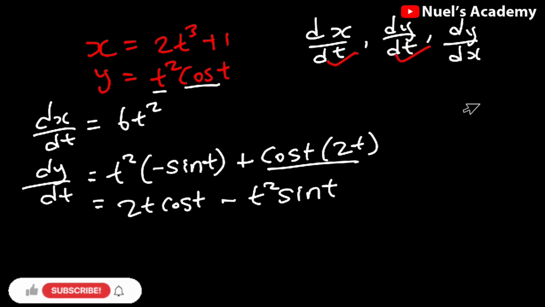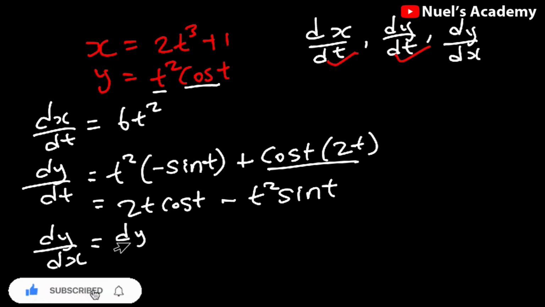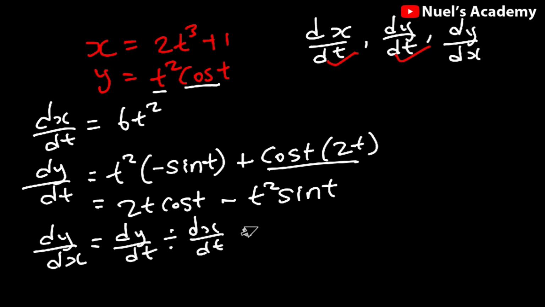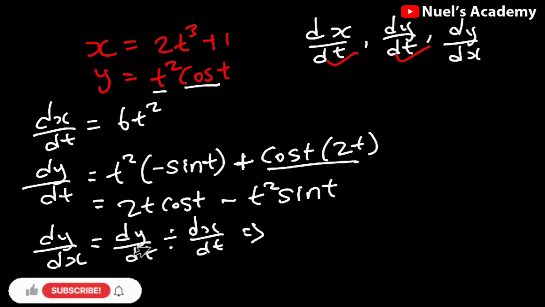Then finally we find dy/dx. So dy/dx is equals to dy/dt divided by dx/dt. dy/dt is equals to 2t cosine t minus t squared sine t.